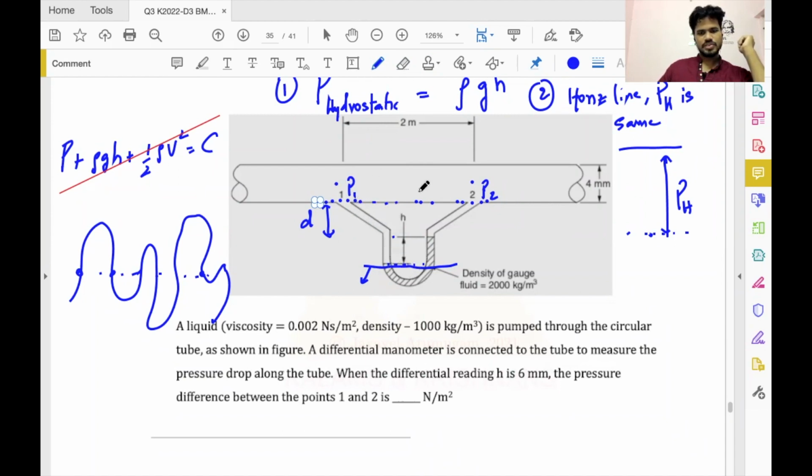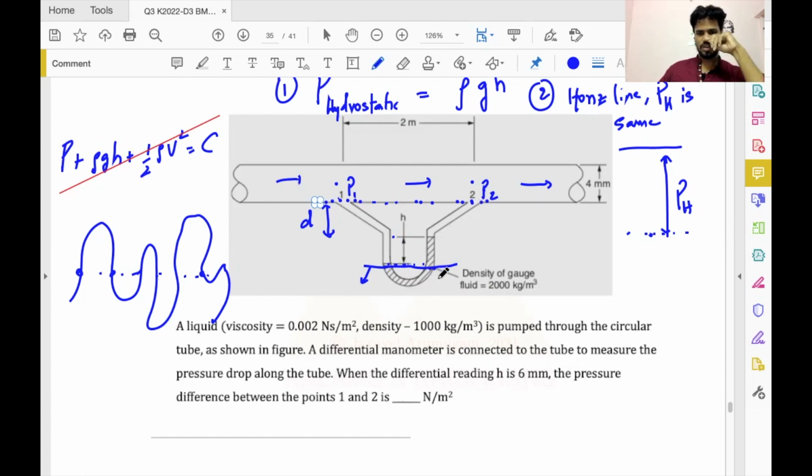Notice here the fluid is flowing. Because of that, there is a change in pressure between this point and this point. But here the fluid is static, because the flow doesn't occur this way, it just measures the pressure difference. So the static pressures across this line should be the same. Let's find the pressure through this point, then the pressure through this point.